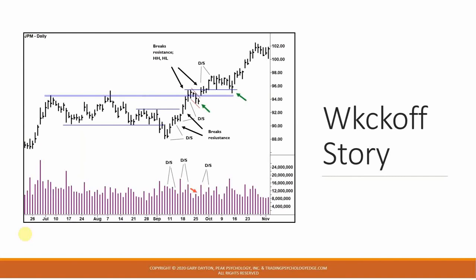For a spring, the close just has to be above the support line. The spring looks a little weak in terms of where it closed. Here, no, it's fine. The key thing on a spring is that the lower prices got rejected. And that's what happened here. Yes, if it closed like this, it would be great, right? That would be preferred. We don't always get that. And so you've got to make a decision.